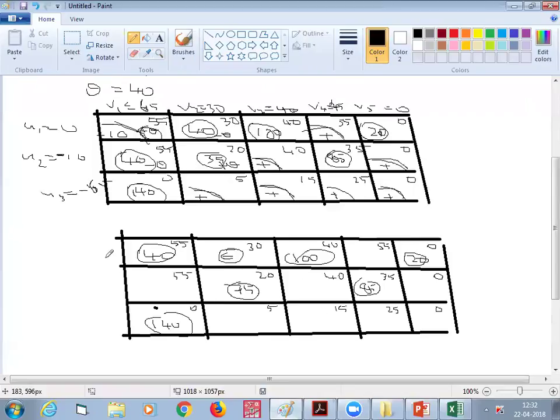Okay. All right. So again, take u1 equals 0 in the first row. So v1 equals 55. That was straightforward. Right? Then v2 equals 30. v3 equals 40. And v5 equals 0. Okay, so that's from the first row.